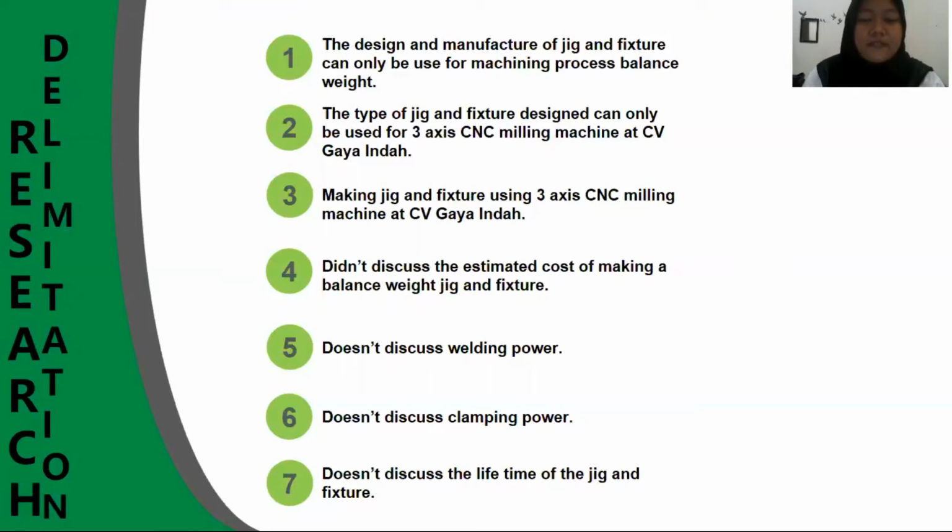Making jig and fixture using 3-axis CNC milling machine at Gaya Indah. 4. Doesn't discuss the estimated cost of making balance wheel jig and fixture. 5. Doesn't discuss welding power. 6. Doesn't discuss clamping power. And last, doesn't discuss the lifetime of the jig and fixture.